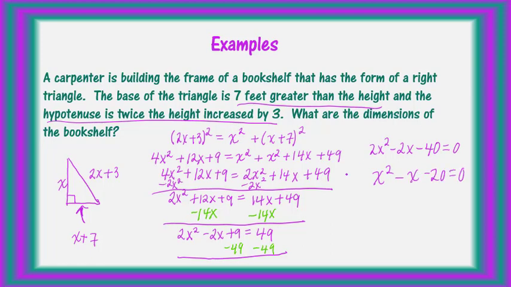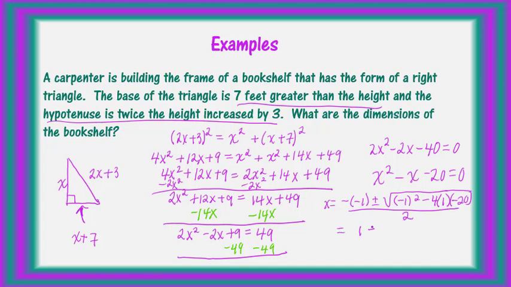Now remember again, we could use factoring to solve, but I just want to show the quadratic formula with this application. So that gives me a negative b, or negative times negative 1, plus or minus the square root of the quantity of negative 1 squared minus 4ac, 1 times negative 20, all divided by 2a, which is simply 2 here.